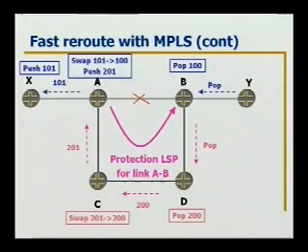What I need to do is at node A, I will swap the label 101 to label 100, as I was doing before, because I want label 100 to show up on my packet at some point later in the path. But I will also push another label, the label 201 that belongs to the protection LSP, and then I'm going to push the packet out of the interface AC.